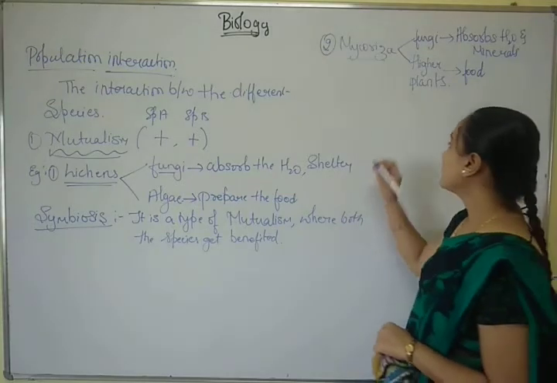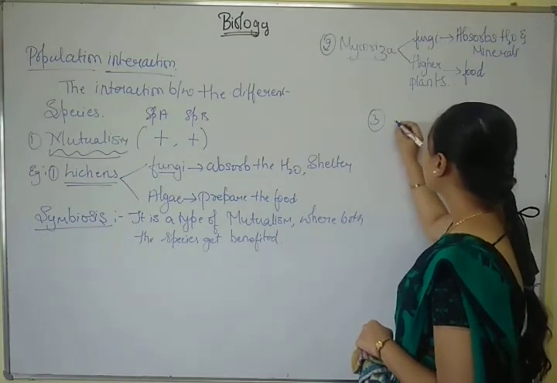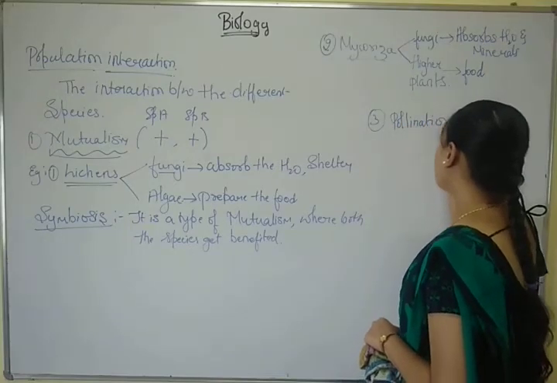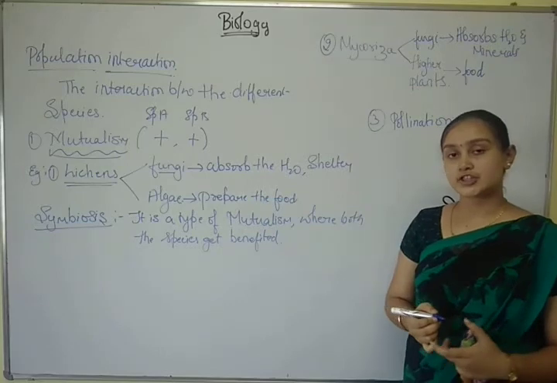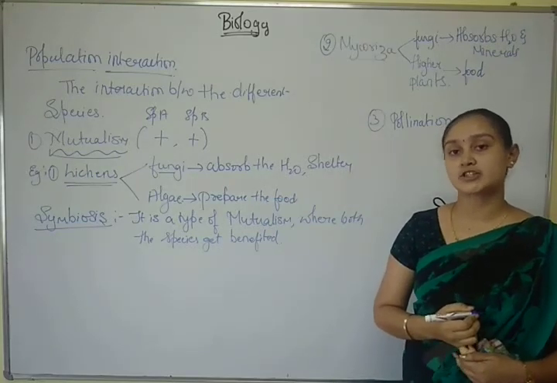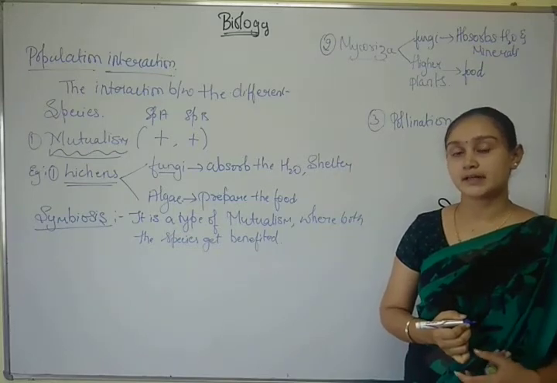Okay, so now let's see the third example, that is pollination. We have already discussed pollination in our previous chapter, reproduction in flowering plants.